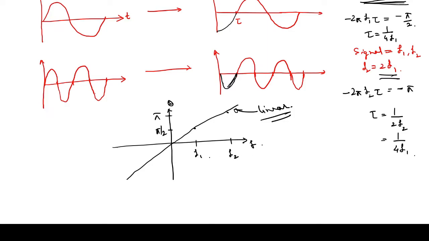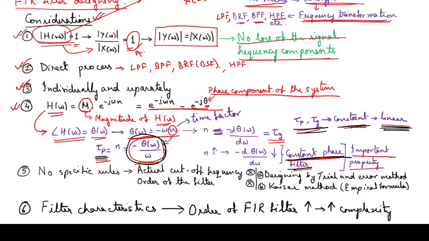But if you take any of the frequency components in this domain, this relationship would come out to be a linear filter. Hence it is called that FIR filters are basically a constant phase filter or a linear filter. So the group delay, minus d theta omega by d omega, would basically be a constant. Right.